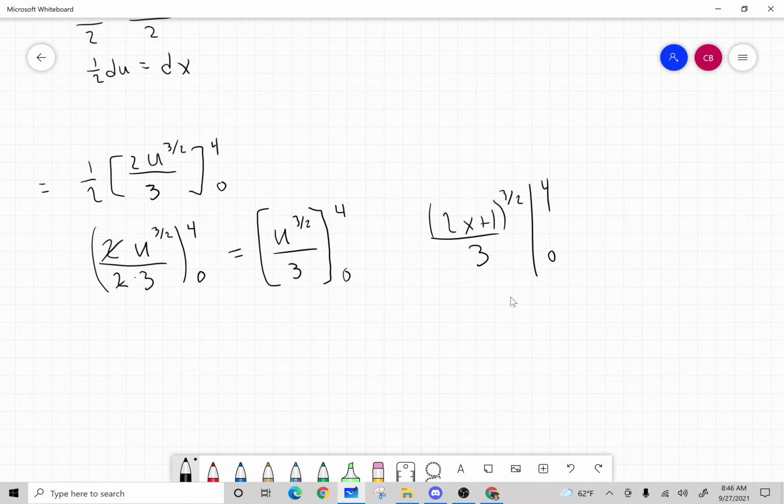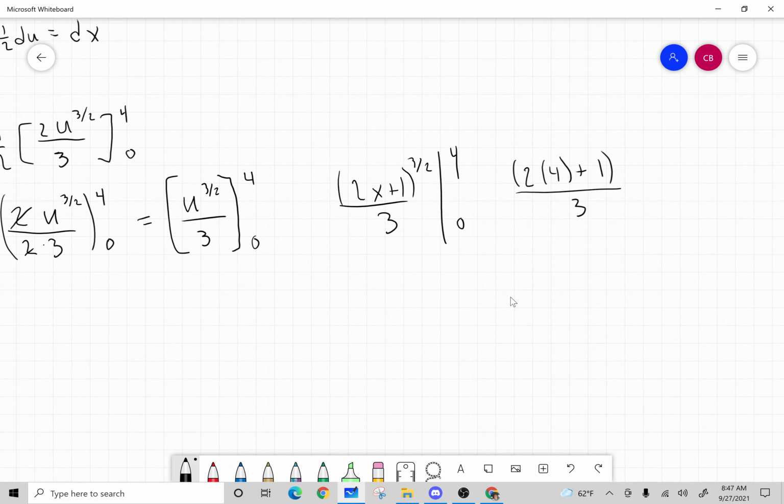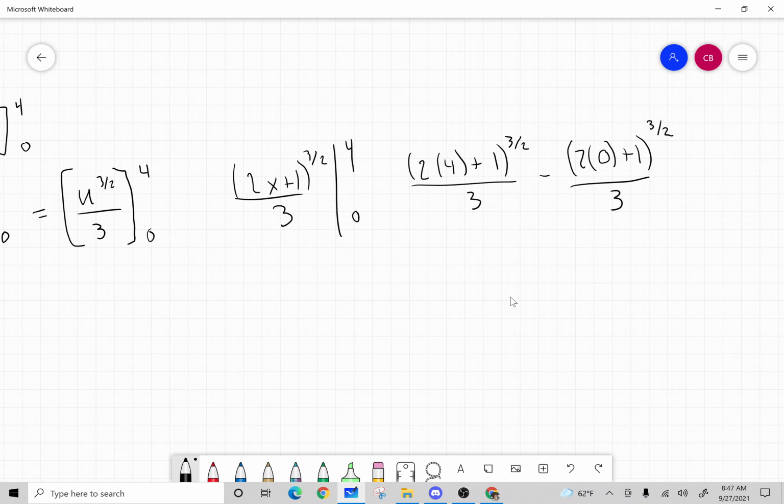Okay, so we're just going to plug this in. So we've got 2 times 4 plus 1 to the 3/2 over 3, minus 2 times 0 plus 1 to the 3/2 over 3. Okay, so I've just done the subtraction rule, plugged in the 4 for the first one, 0 for the second one.